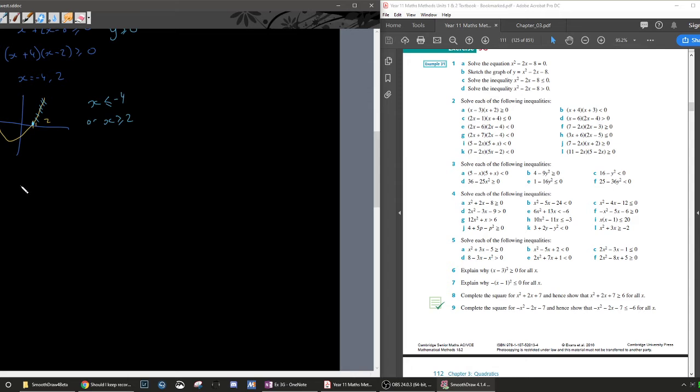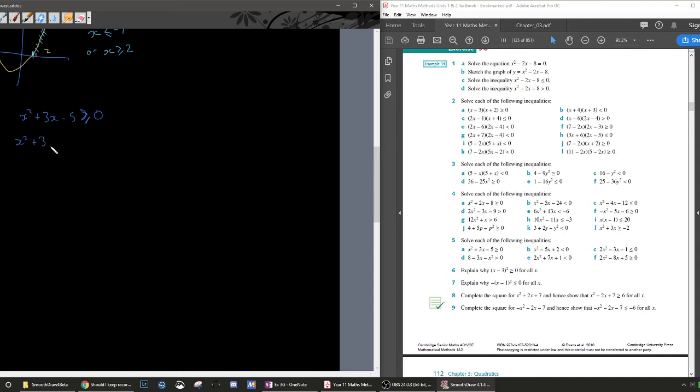Solve the following inequality. So x squared plus 3x minus 5 greater than or equal to 0. So same thing, going to try and factorize via inspection. Only factors of 5 is 1 and 5, and there's no way I can get 1 and 5 to add together to give me 3, so that doesn't work. So the next thing I'm going to try is by completing the square.